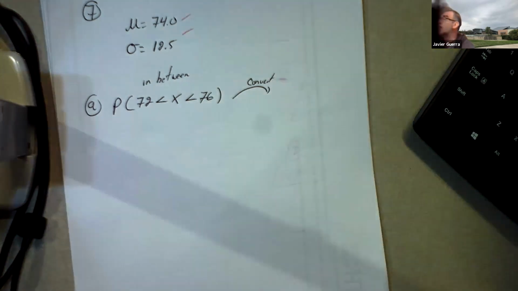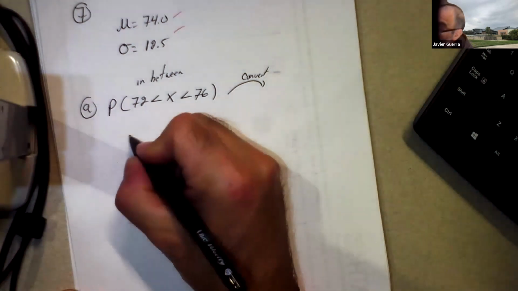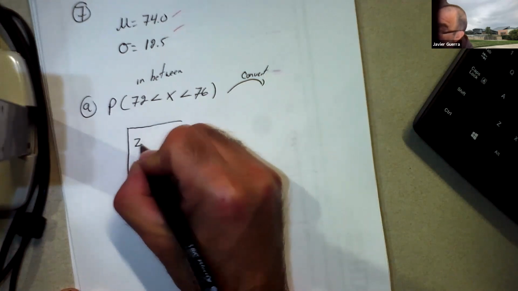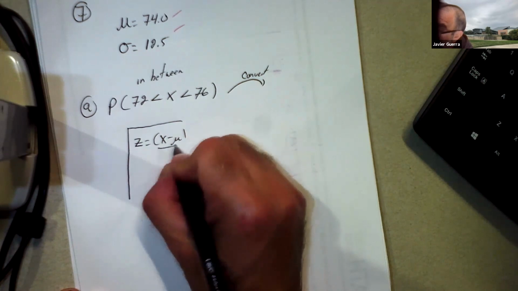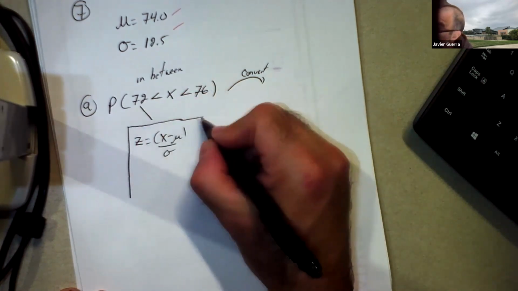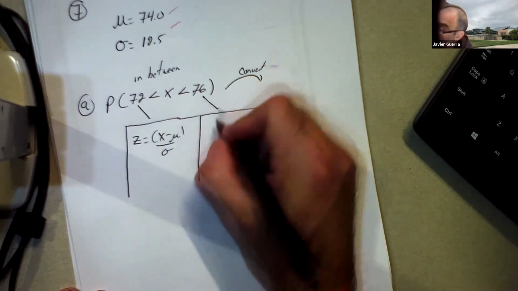Okay, we have to convert. I have to do the formula twice, people. So I have to do Z equals X minus mu over sigma. I have to do it for the 72, and I have to do it for the 76.